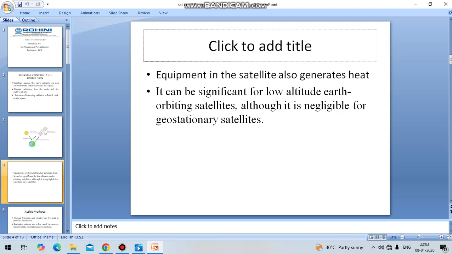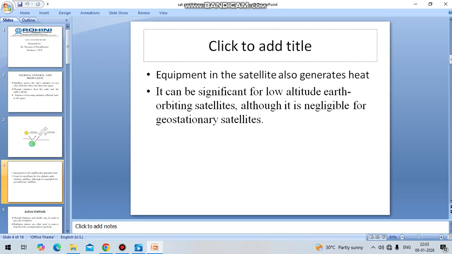So we can say the heat that affects the satellite is of two types. One is the heat signal from away from the satellite, another one is the heat signal which is generated within the satellite. There are a number of components within the satellite, so the heat produced by the operation of the devices may also affect their operation.